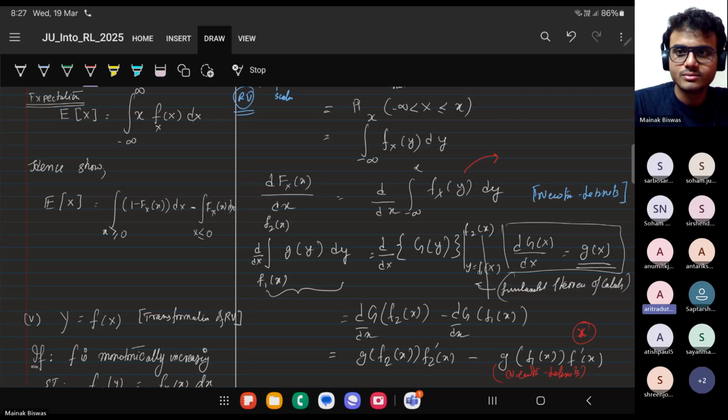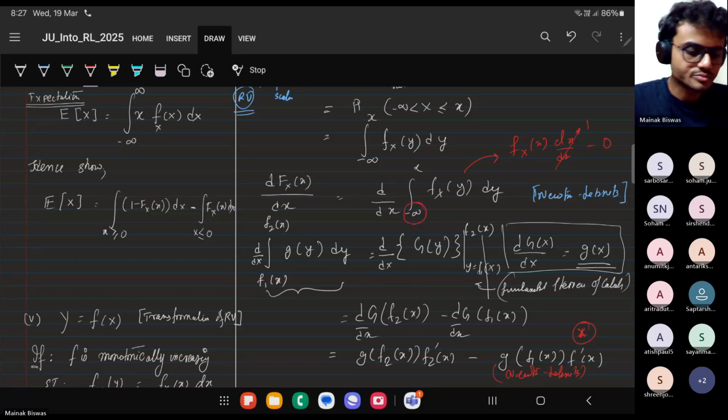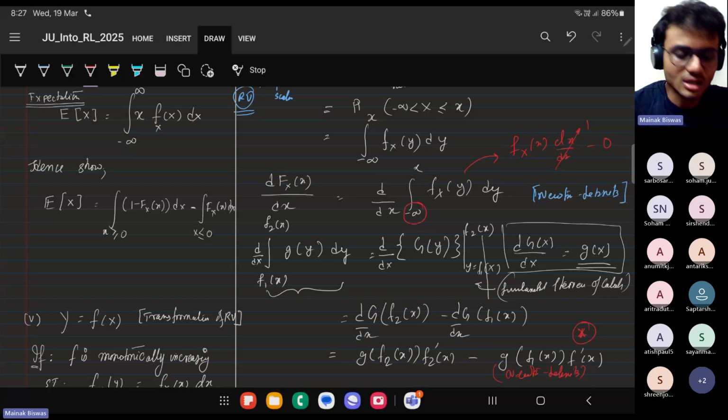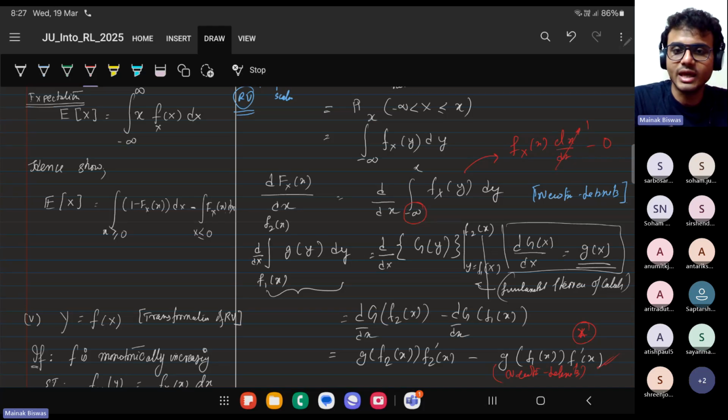This is just f of x, the derivative of capital X with respect to x is equal to 1, and minus 0 because the lower limit is a constant. Constants will just become 0. So when you have a constant limit of integration, that term just becomes 0, because the derivatives of the constants a and b would be 0.